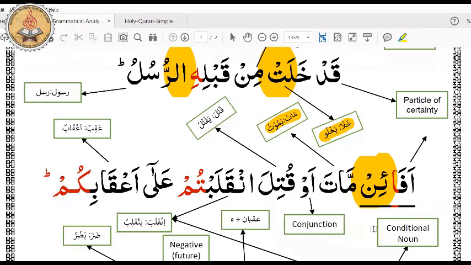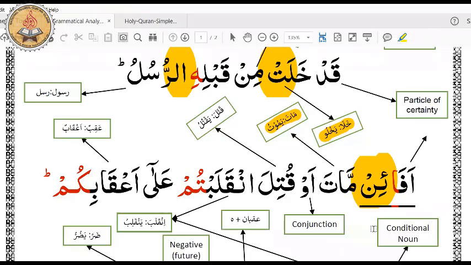So if mata means he died, because in is conditional and comes before it, the meaning will shift from past to present. So the meaning will be in mata, if he dies.